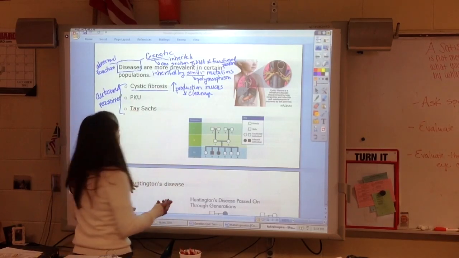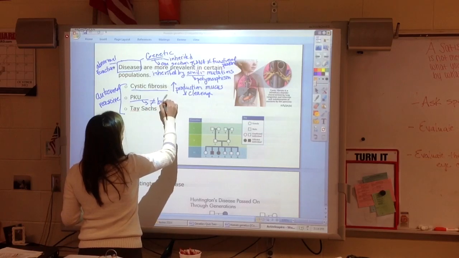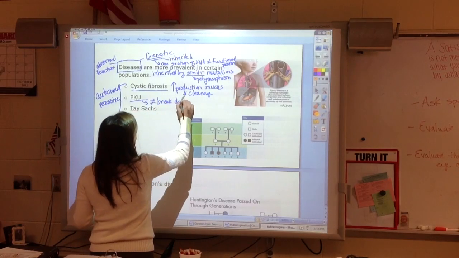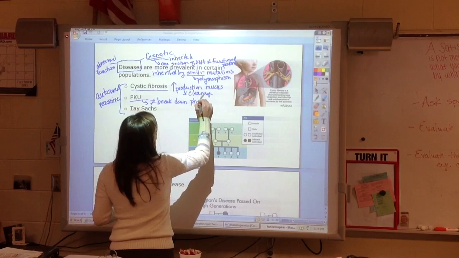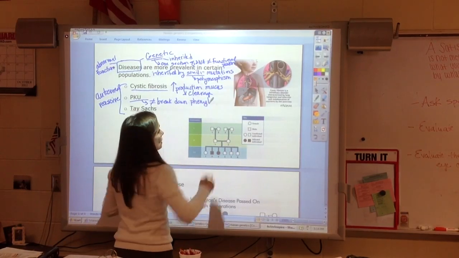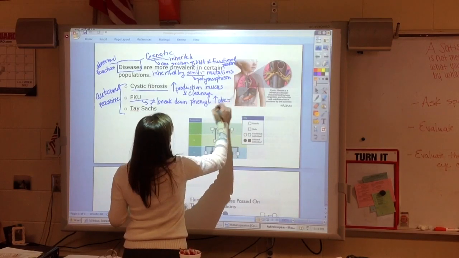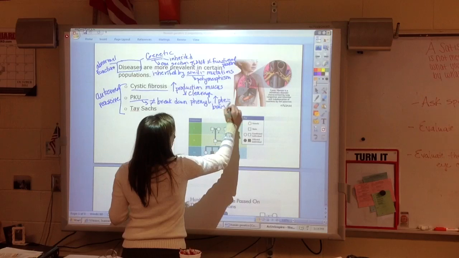Another disease that I just want you to have heard of is PKU. This is where you can't break down the amino acid phenylalanine. You can just abbreviate phenyl for now. And when there's a lot of phenylalanine, you actually get brain damage.